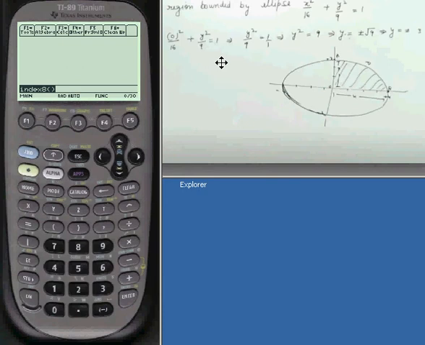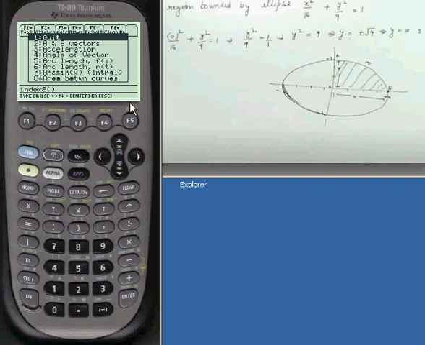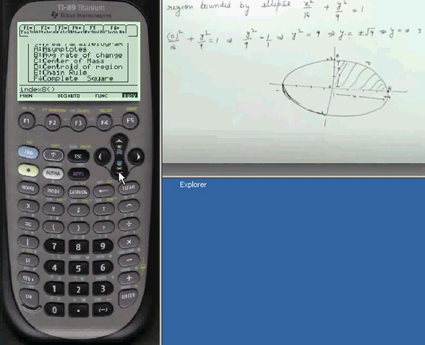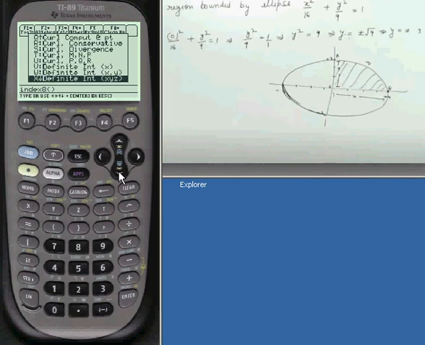Now we're going to do this problem with my programs, and we're going to find it in the menu because we're dealing with ellipses. So here's the menu. We're going to go down to the E section and scroll down, whatever you want to find. It's like an index of a calculus book, even better because you can do all the calculations step by step.